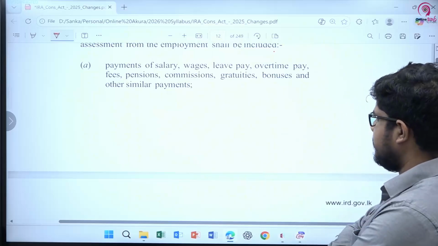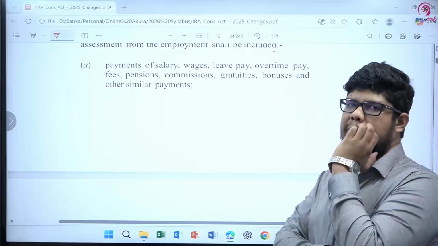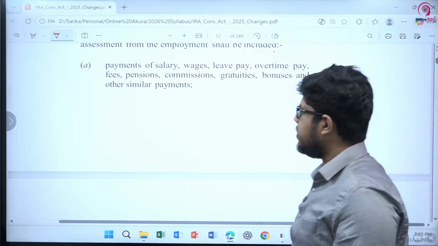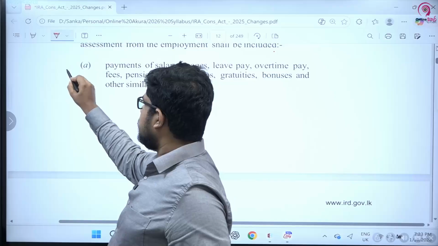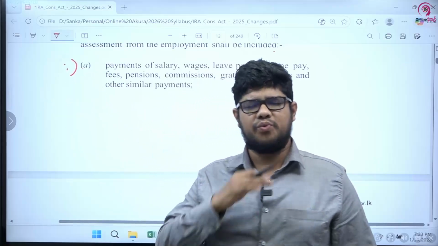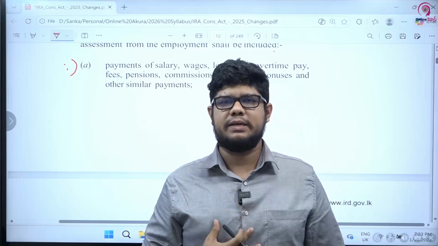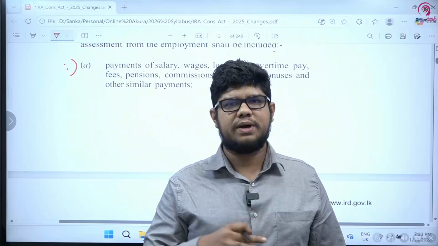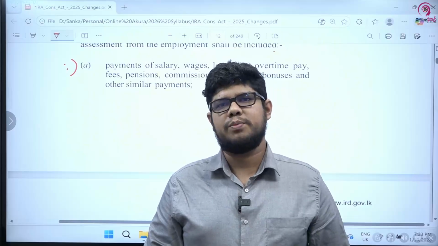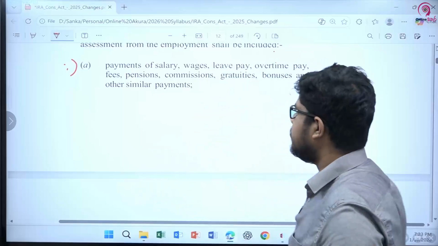Next one, payment of salary. So let's see what is included in employment income. For your easy understanding, I will say that whatever is connected with employment is employment income. So that easy understanding you should have.